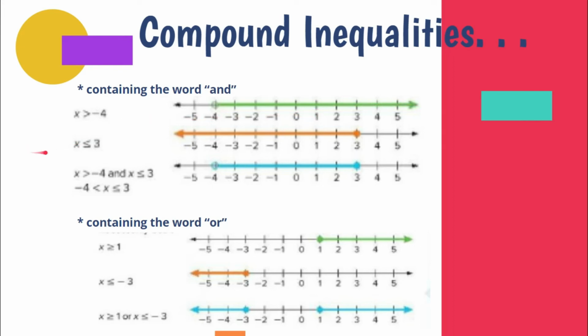Next, we have that x is less than or equal to 3. In this case, we use a closed dot to show that 3 is part of the solution. And x represents all the real numbers that are less than 3.